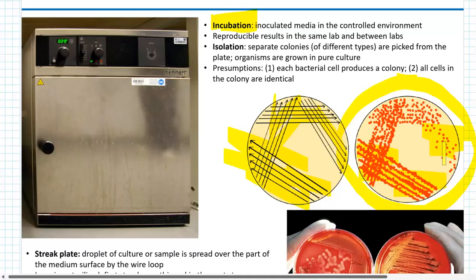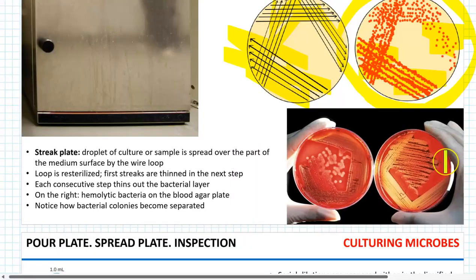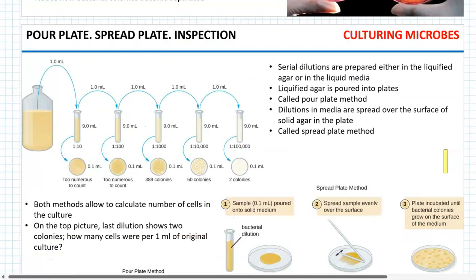Okay? Now, I love streak plates. They're so intuitive, they're so telling, but it's not the only way to isolate. You can also do pour or spread plate. So imagine you have a liquid culture of bacteria, which is mixed. Hear me out, mixed.